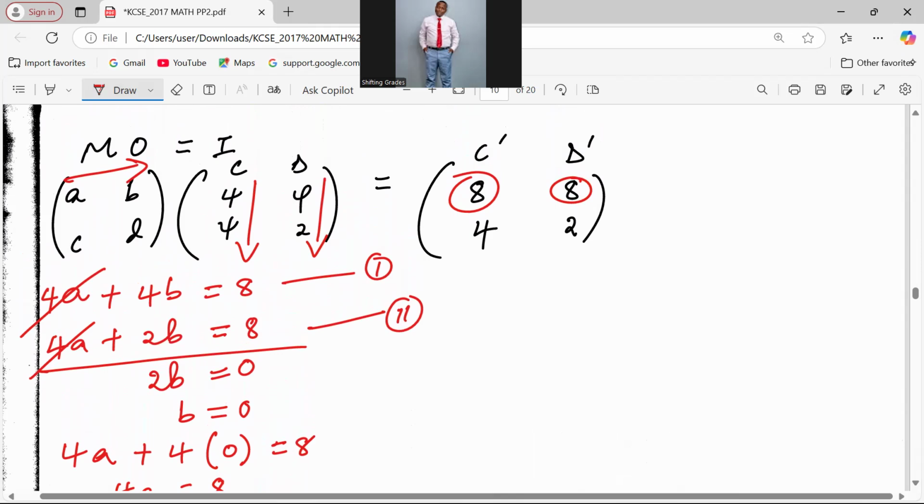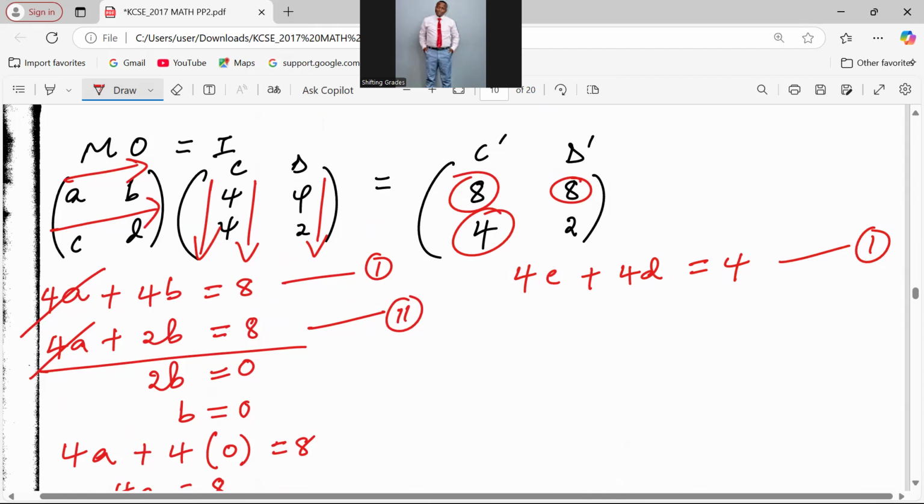Again, we can form a pair of simultaneous equations, but now having C and D. Therefore, 4 by C, plus 4 by D. I'm using the row with C and D and the first column here. So 4C plus 4D should give us 4. That is equation 1.